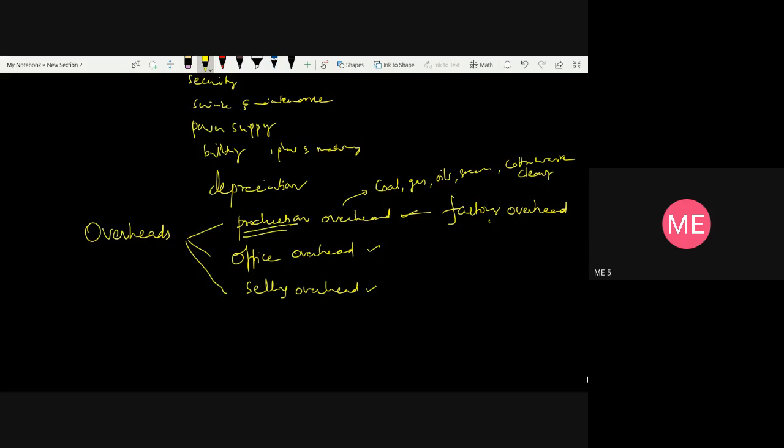In the production overhead, this talks about the indirect materials. Whereas in the production overhead we also have indirect labor. Those indirect labors are security and housekeeping, all to maintain the production department.